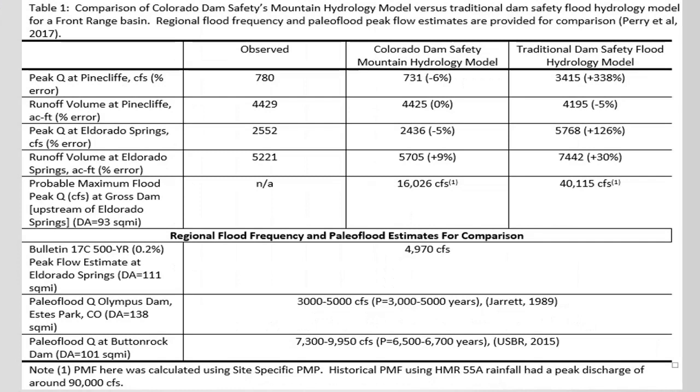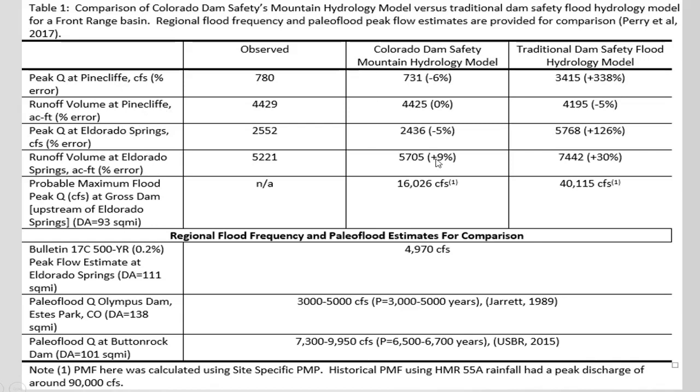Okay, now let's look at some tabulated results. These upper rows are just a summary of what you've already seen from the September 2013 event at the Pine Cliff site and then at El Dorado Springs.